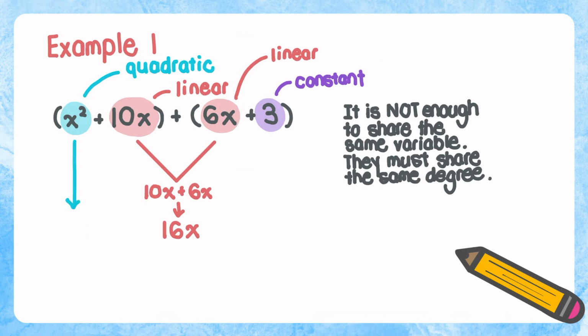And since x squared is the only quadratic term, that's just going to come down, x squared, and then plus the 16x, and also the constant's going to pull down, so just plus 3. So let me just rewrite this. It's going to be x squared plus 16x plus 3. So go ahead, if you need to, pause the video and go through the problem again in your head. This will help you process the information better.